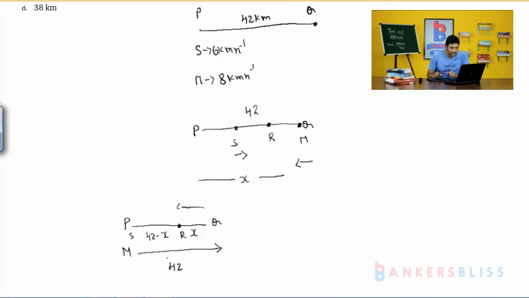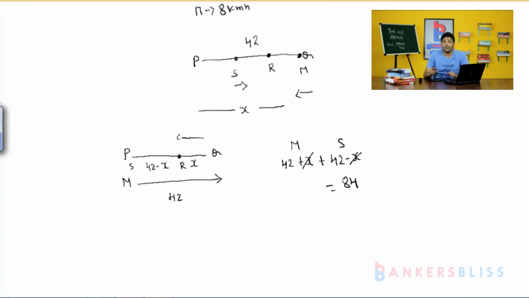Monu is covering 42 plus x, and Sonu is covering 42 minus x. Plus x minus x cancel, which is equal to 84. Means both Monu and Sonu together are covering 84 kilometers.